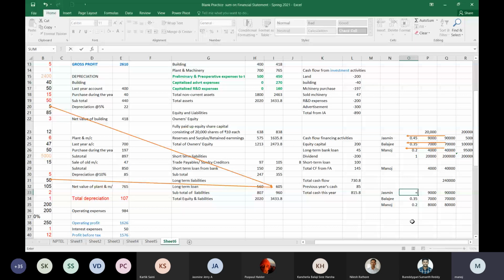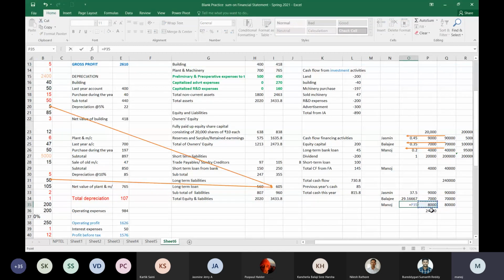Let me first of all see the total number of shares. Total number of shares are now 24,000. So Jasmine's share is 9,000 divided by 24,000 multiplied by 100, so Jasmine gets 37.5%. Balaji has 7,000 shares divided by 24,000 multiplied by 100, that means 29%.